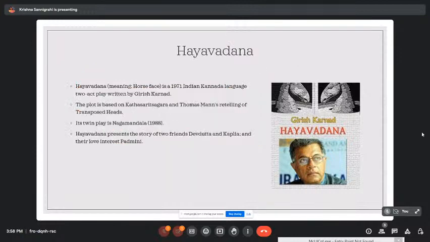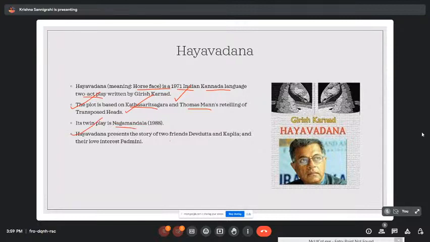Hayavadana, meaning horse face, is a 1971 Indian Kannada language two-act play written by Girish Karnad. The plot is based on Kathasaritsagara and Thomas Mann's retelling of The Transposed Heads. And there is a twin play of it, which is Nagamandala.